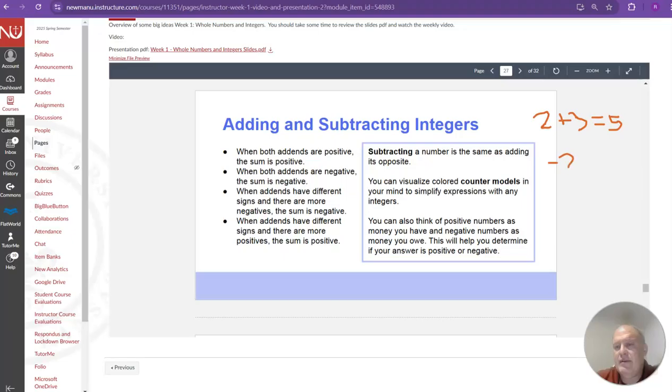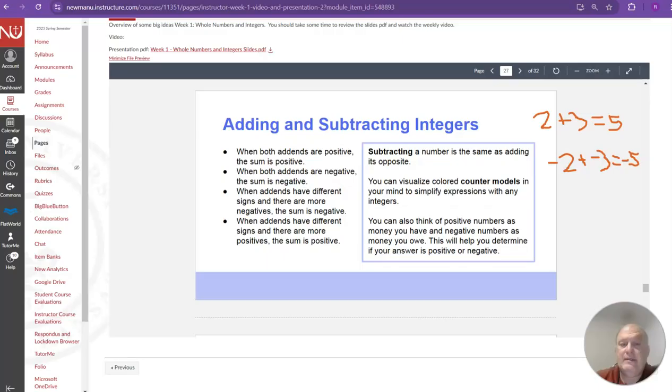If I have negative 2 plus negative 3, that's going to be what? That'll be like I borrowed $2, which borrowing is negative, and I borrowed $3 more, so in total I have borrowed $5. So that's why that ends up like that.